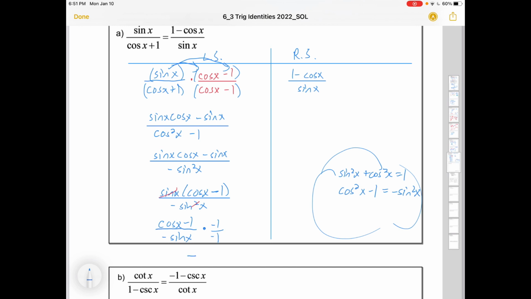So that would give you sine x on the bottom, which would be nice. And it's going to give you a negative cos x on top and a positive 1. So finally, the left side equals the right side. Again, there are other ways that you could prove this, but this is a way that works. And it did tell us to use a conjugate.